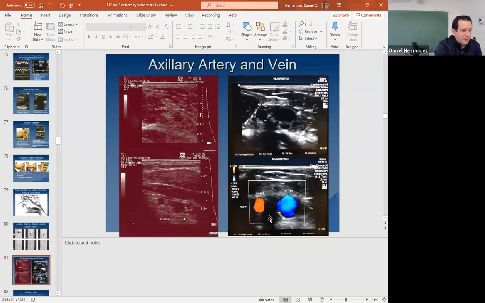So we can see split screen of our axillary artery and vein. Here's the same image without the color on.